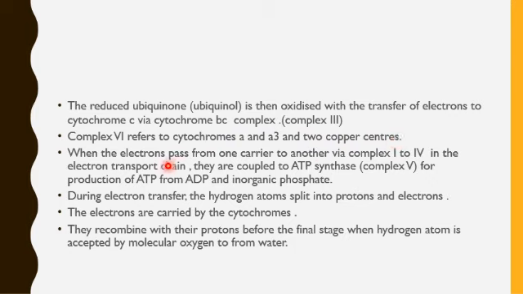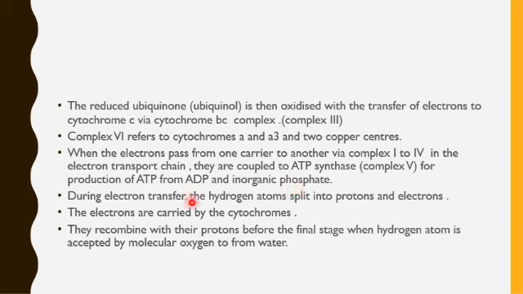When the electrons pass from one carrier to another via complexes 1 and 4 in the electron transport chain, they are coupled to ATP synthetase, that is your complex 5, for production of ATP from ADP and inorganic phosphate.